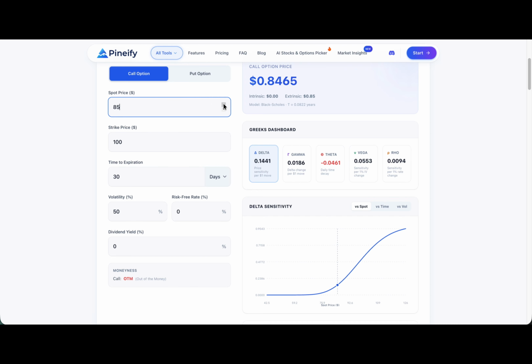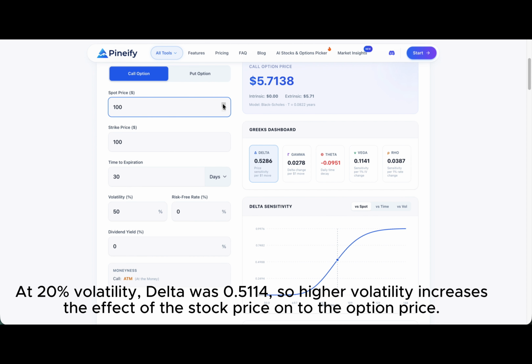So the option will become more and more alive, more springy, because of the force of the delta and the Vega, and you now can see that the delta here is 52.86.